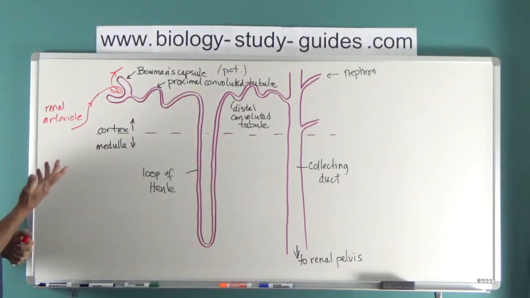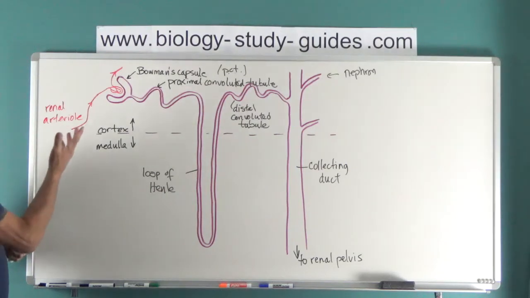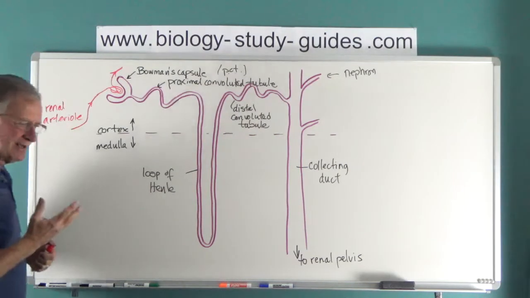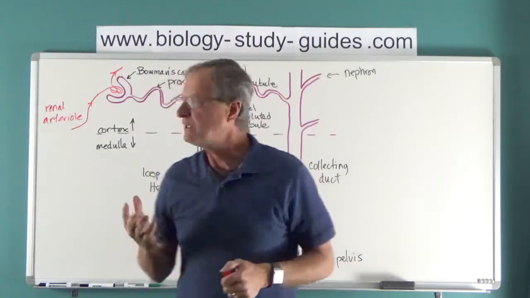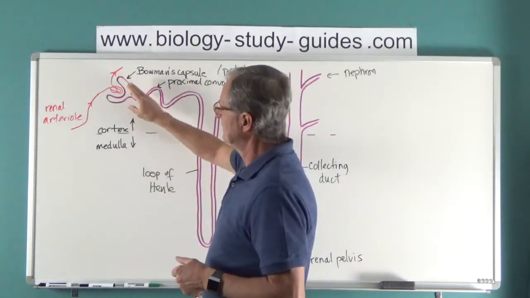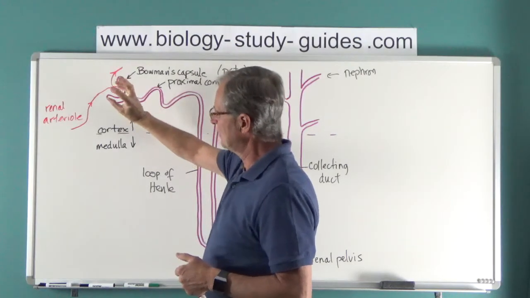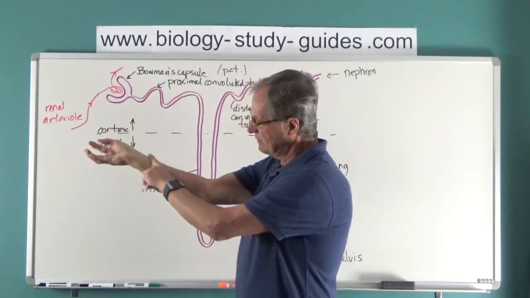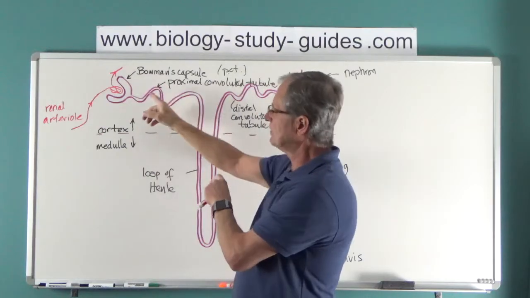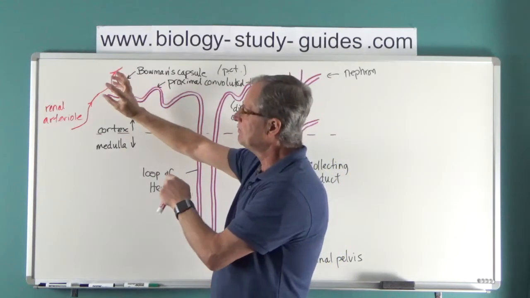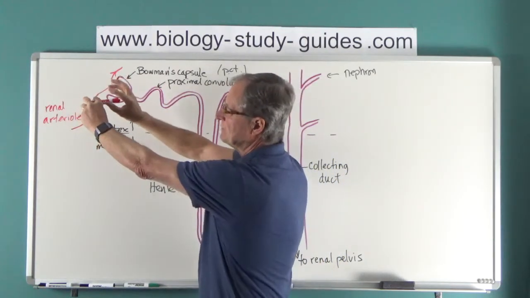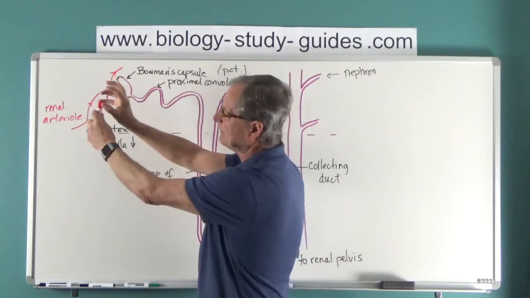Now, I have to think too that representing Bowman's capsule this way is a bit awkward because it doesn't really tell the truth. It's not just a cross section like that. It's a cup-like structure. So if you could imagine my arm here to be the proximal convoluted tubule and my hand to be Bowman's capsule, the blood vessel comes in here and forms that knot of tissue in there.